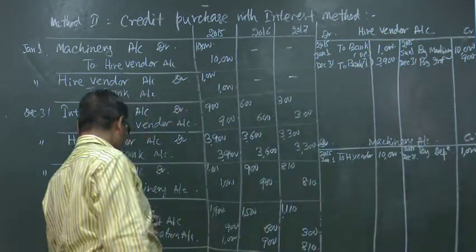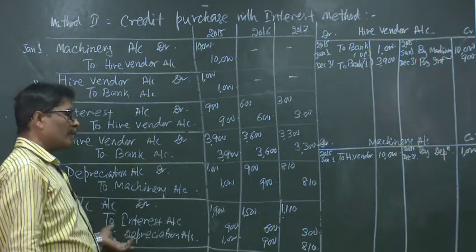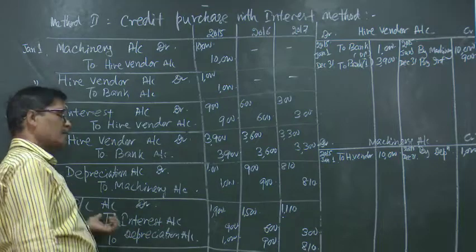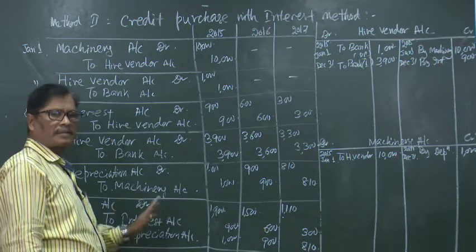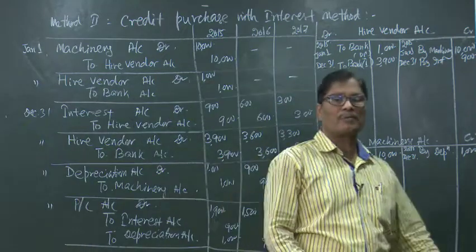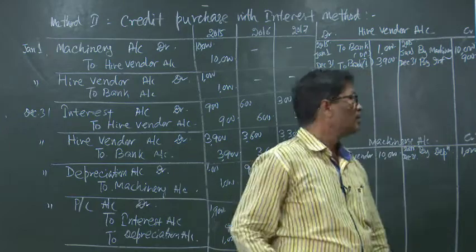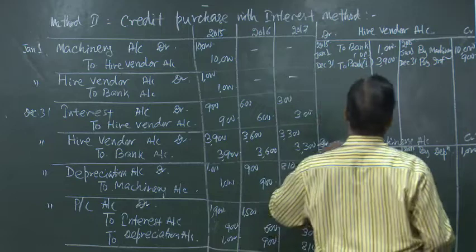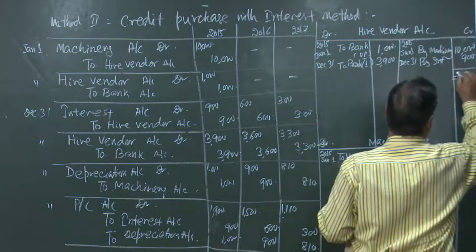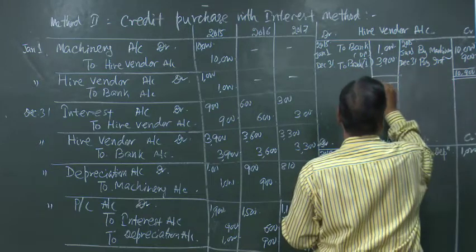Then profit and loss account debited to interest account, depreciation account. Neither we are preparing interest account or depreciation account here due to lack of space, and profit and loss account also, that is extract, that is not maintained here. Now, we have to balance these two accounts and carry forward the balance to the next year. This side is bigger, 10,900.